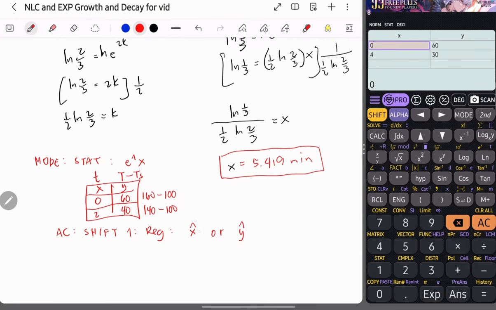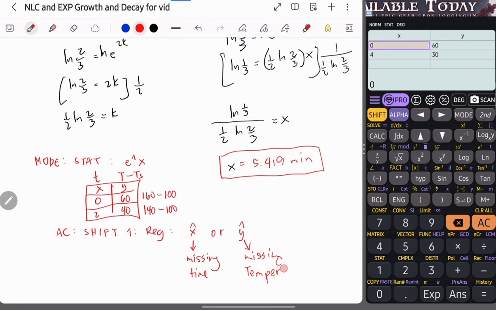You choose X bar when missing is time. Choose Y bar when missing is temperature. So for this example, the missing is time. So we will choose X bar.